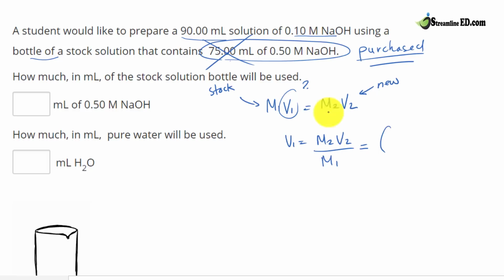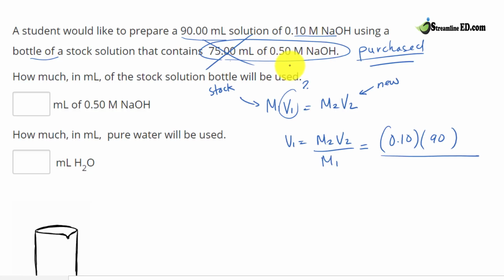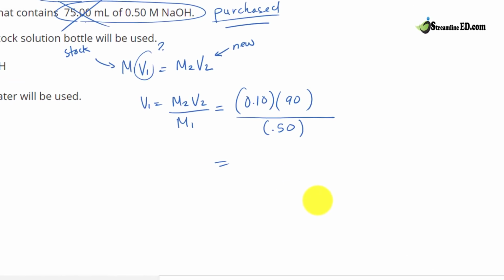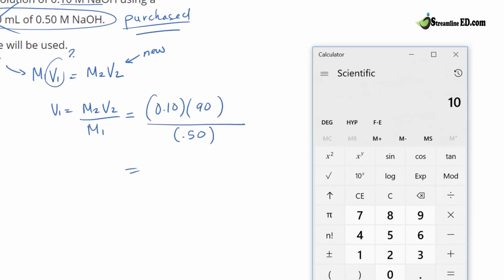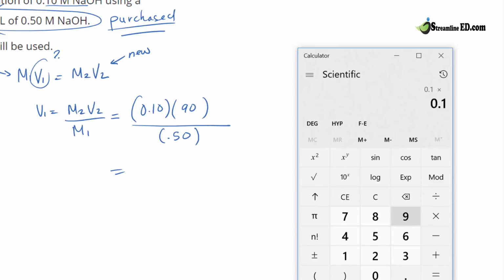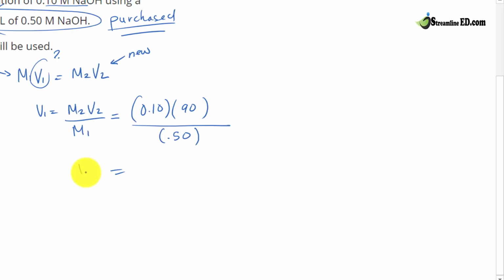Our M2 is 0.10, and our V2 is 90, divided by the concentration of the stock, which is 0.50. Plug in the calculator: 0.1 times 90 divided by 0.5 gives us 18.